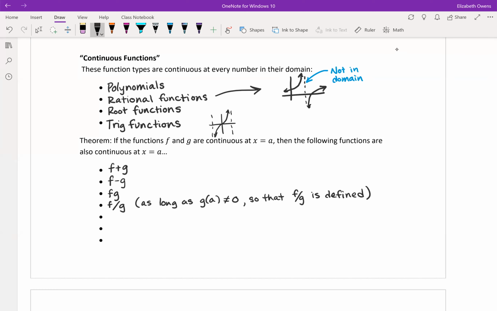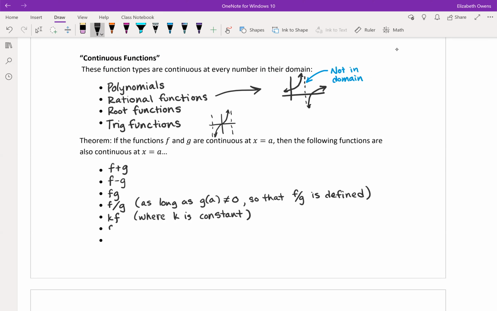So f over g, as long as the denominator doesn't equal 0 at that point a, okay. A constant multiple of any of those functions, okay, so like k, where k is a constant. K is a constant, no question about that. Okay, so constant times the continuous function f would still be continuous.